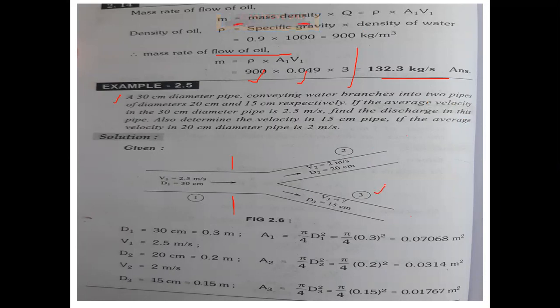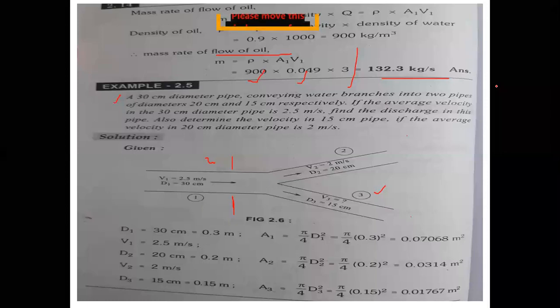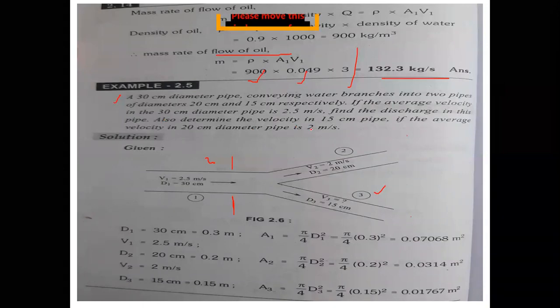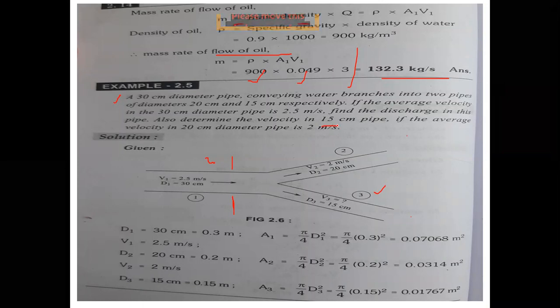Okay. If the average velocity in the 30 centimeter diameter pipe is 2.5 meters per second, then find the discharge in this pipe. Also determine the velocity in the 15 centimeter pipe, if the average velocity in the 20 centimeter diameter pipe is 2 meters per second.